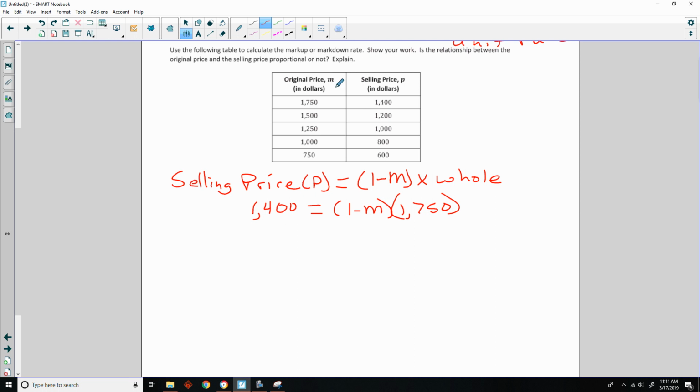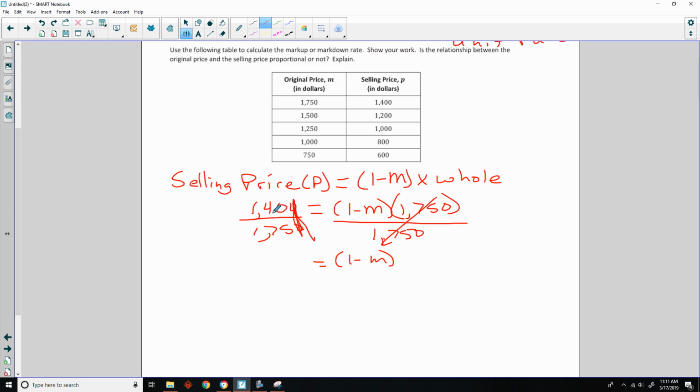So to solve, I'm trying to get M. I'm trying to find the M. What did I multiply this by to get that? So I'm going to divide by 1,750. These cancel, and I get 1 minus M, and 1,400 would be the same as 140 over 175.